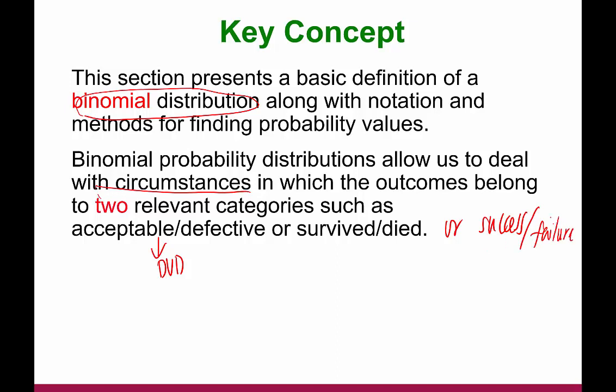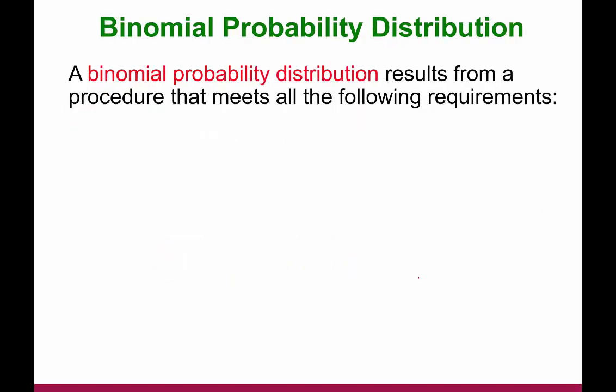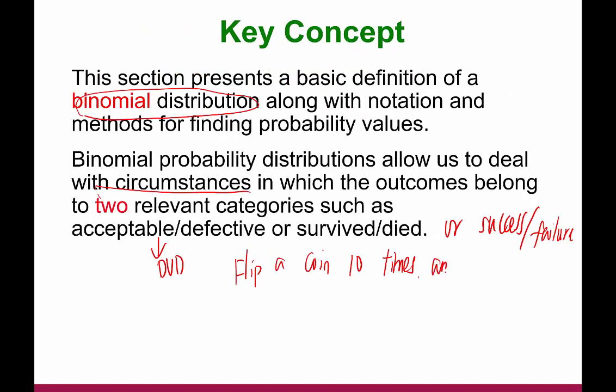So if you think about this case, when you flip a coin 10 times, you want to concentrate on and count the number of heads. This is a typical example of a binomial probability distribution.